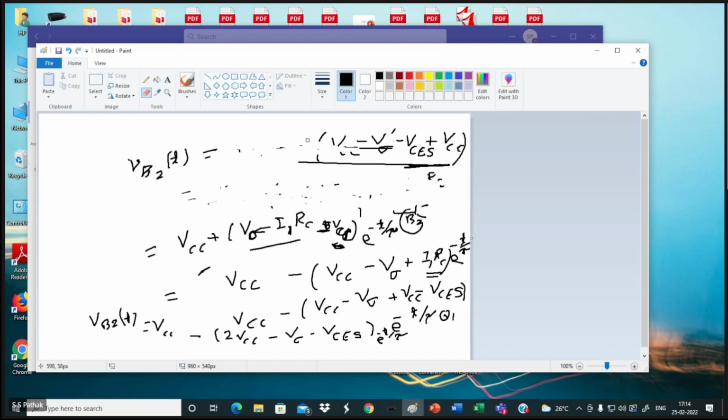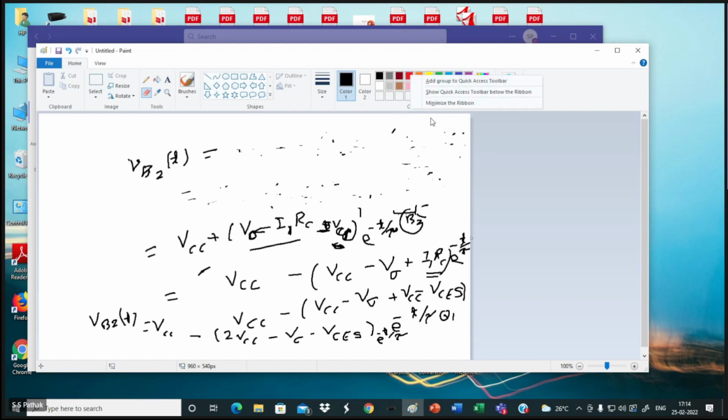I'll be changing the color of the ink also for your convenience when I start writing here, because black and red can be discriminated very easily. Here I'm using the red ink to write the final result. I'm choosing the red here. Color 1, it should change. Now it has become red. Okay, fine. So what is my VB2T? This is my VC.